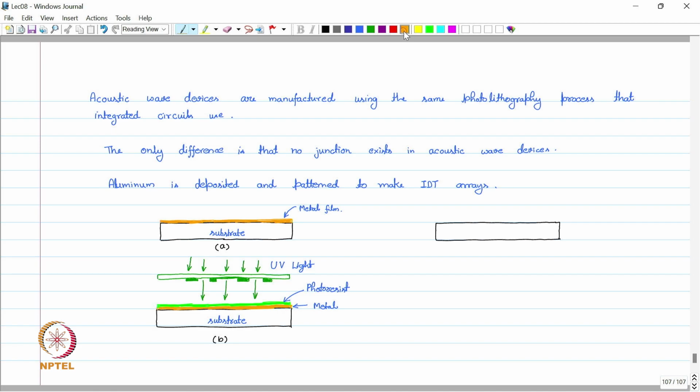This is our substrate, and then we have this metal, and on top of this the photoresist is patterned now as per our mask.